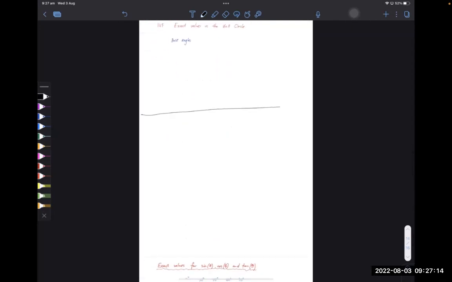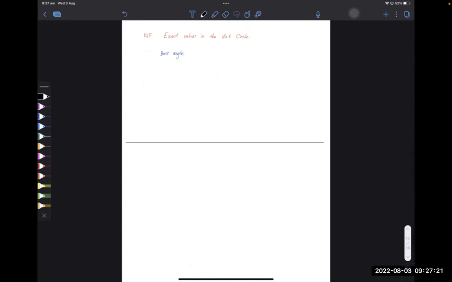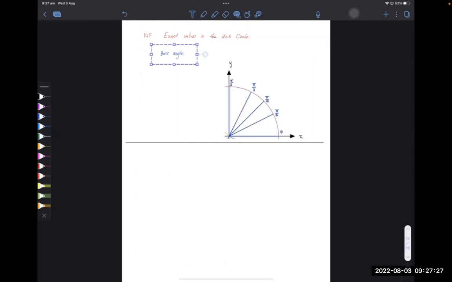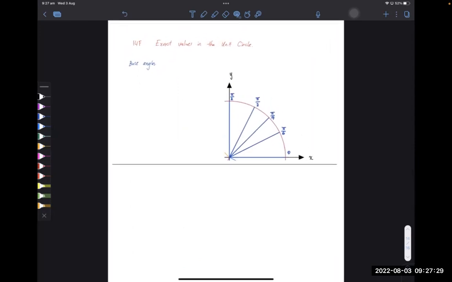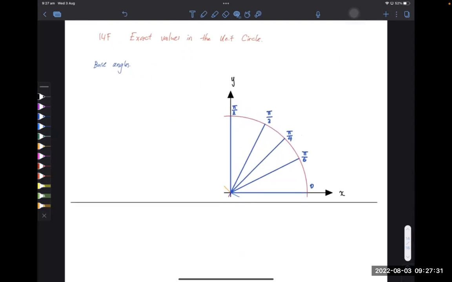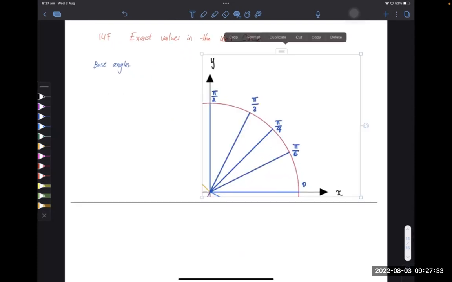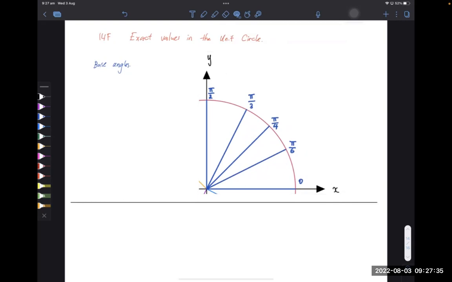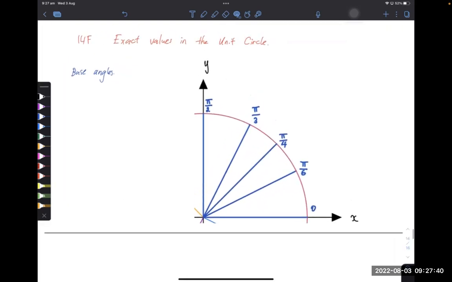I'm going to split it into thirds, right? So 1/3 at the top and 2/3 at the bottom here. In the first third, I'm going to just focus on the first quarter of the unit circle. We're only going to focus on the first quarter of the unit circle.